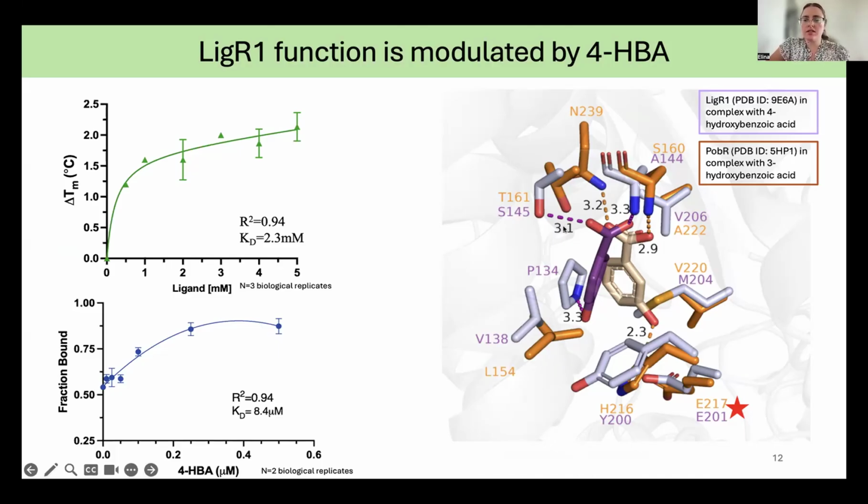We can see that there are several overlapping residues, but one of the key residues determined within the POBR paper was this glutamic acid at position 217, which is thought to form a hydrogen bond with the OH group of 4-HBA. In this case, the crystal structure has not undergone the appropriate conformation, so it is a little bit further away than you would expect if it was crystallized with this ligand.